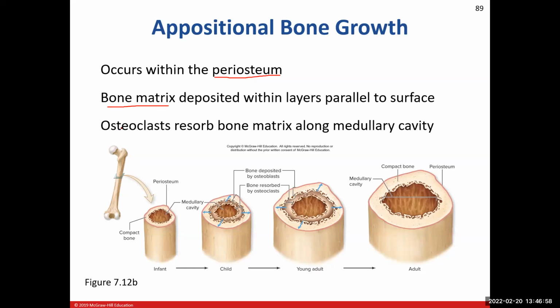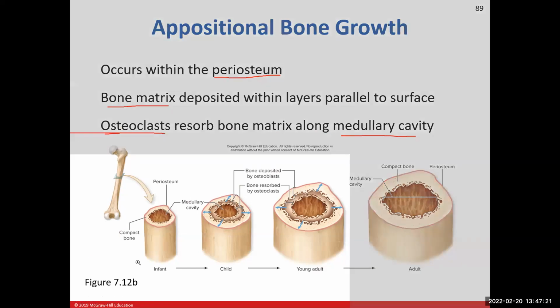As it is laying that down, our osteoclasts are busy on the inside of the bone in the medullary cavity, resorbing the old bone matrix. So our medullary cavity will also grow in size. We talked about that in endochondral bone formation in our last class.